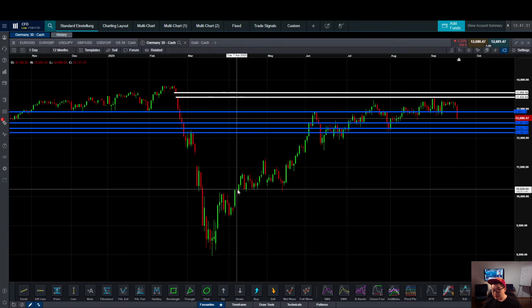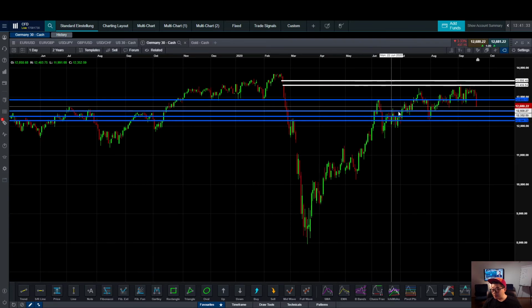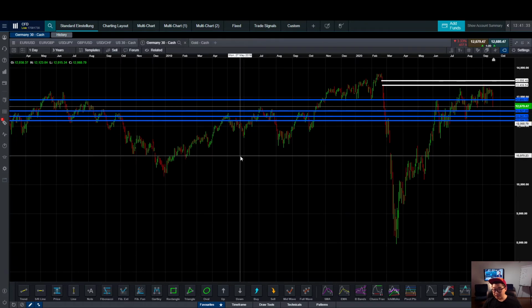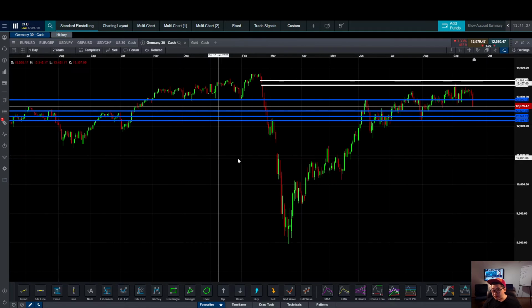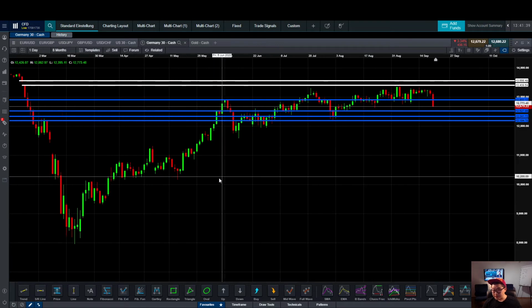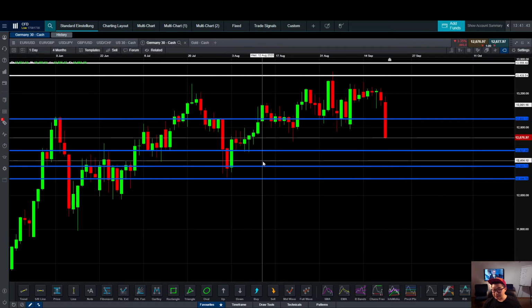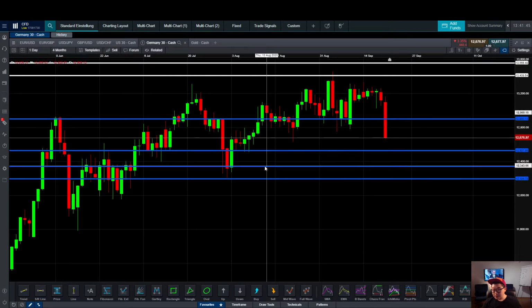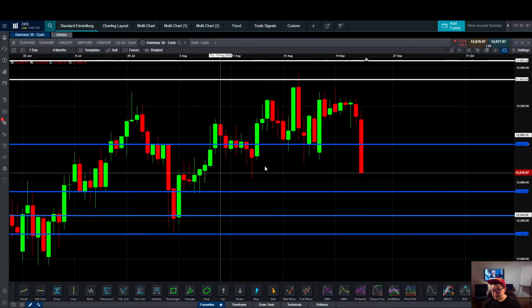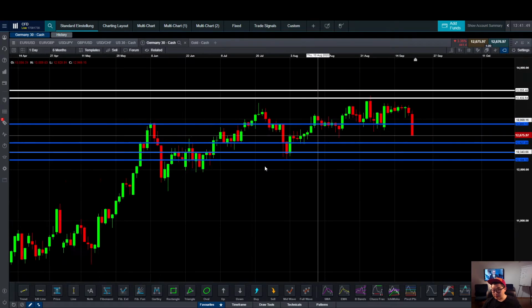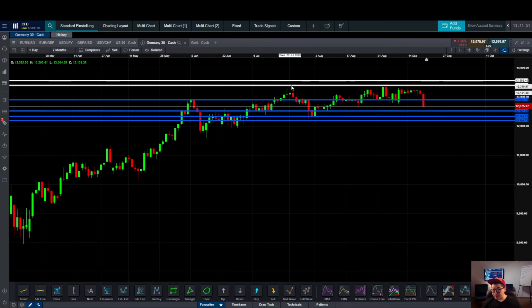This is a major gap. See where it just bounces off, and it did bounce off. Then we like to see if there are any other gaps or dojis, major ones, especially gaps. If I don't see any, I'm good. This one we could take, but it is very close to this area, so we're not going to take that.